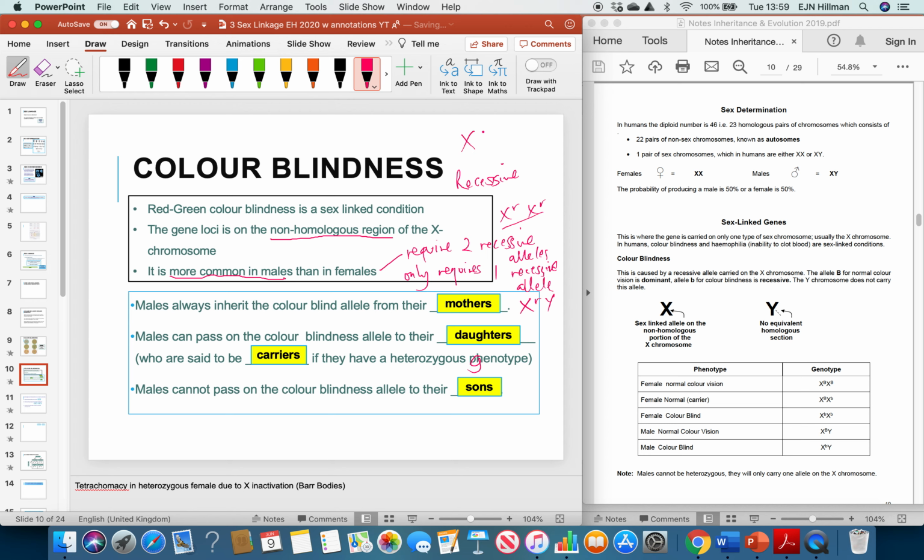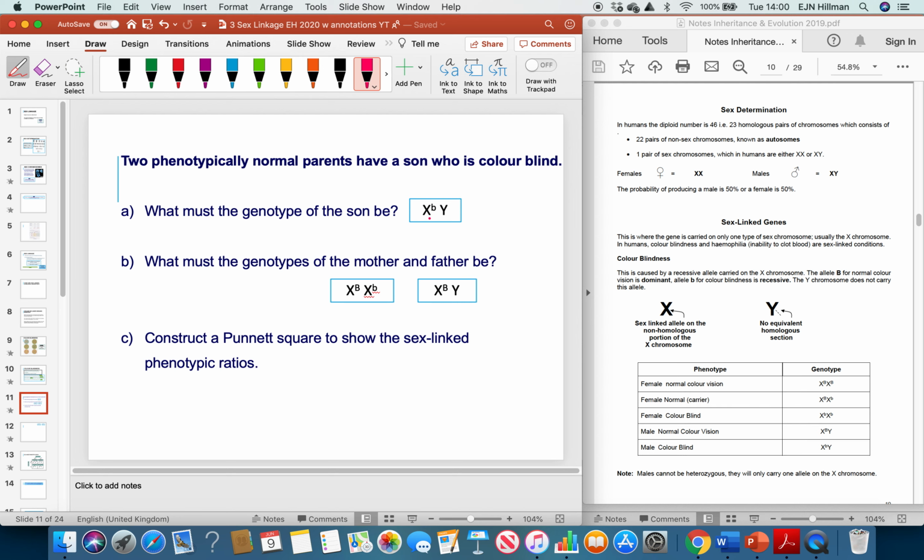So let's have a look at inheritance of this then. The genotype of a son who is colourblind must be, I'm using B's now rather than R's, X with a lowercase b, Y. 2 phenotypically normal parents, so they're both able to see colour, produce a colourblind son.